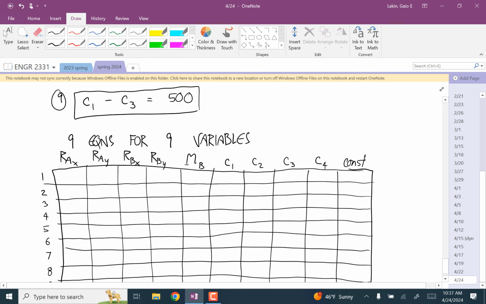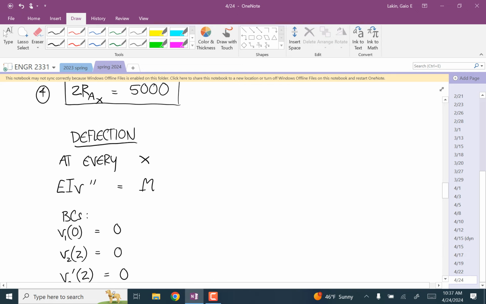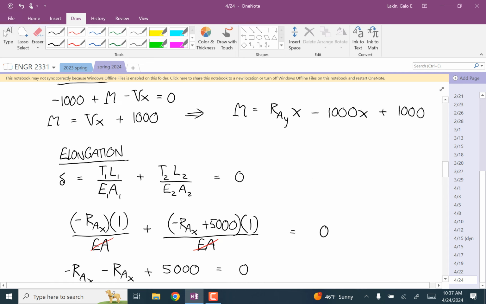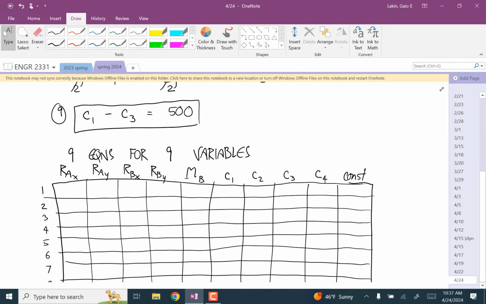Okay, can someone do me a favor and scroll back through these and just read me the coefficients? So go back to equation 1 and just say, RAX, we have 1, RBX, we have 1, constant 5,000. I didn't write all of them down. I missed a couple of those. Okay.